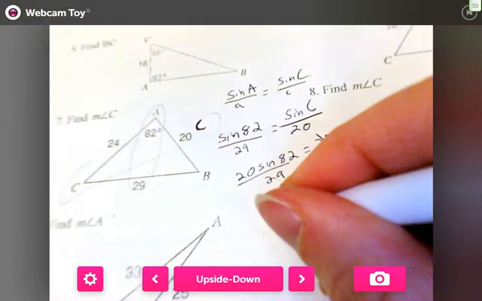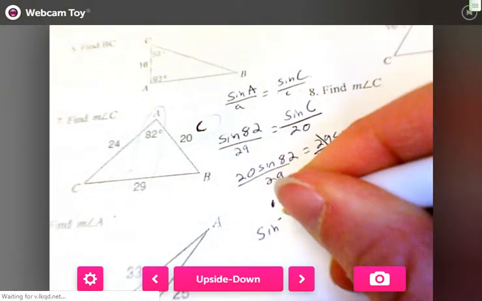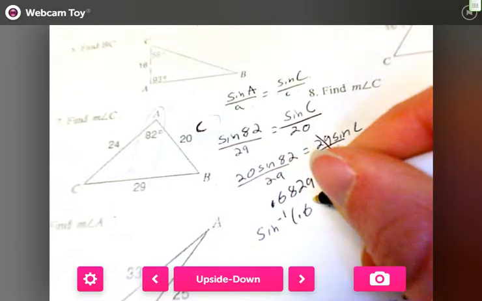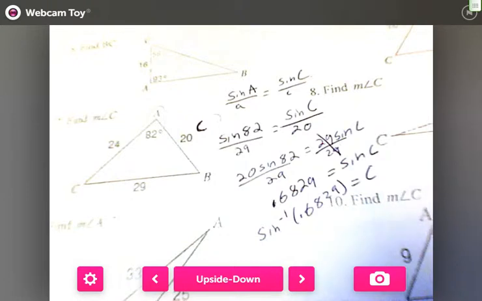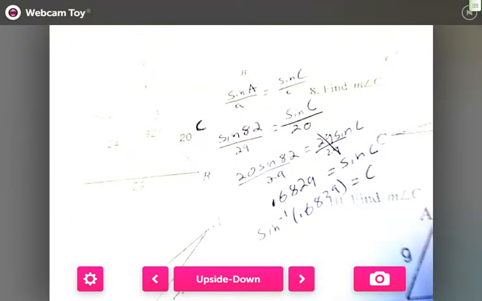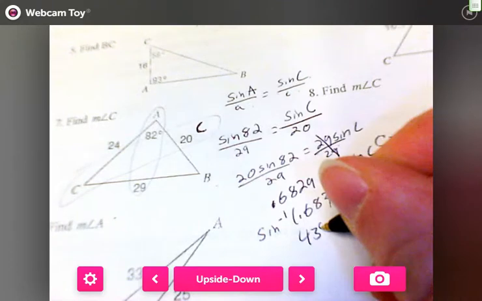So you're going to go sine to the -1 of 0.6829 equals C. And we're finding a degree, right? If we're finding an angle, it makes sense to use that negative one. So I end up with 43 degrees equals C.